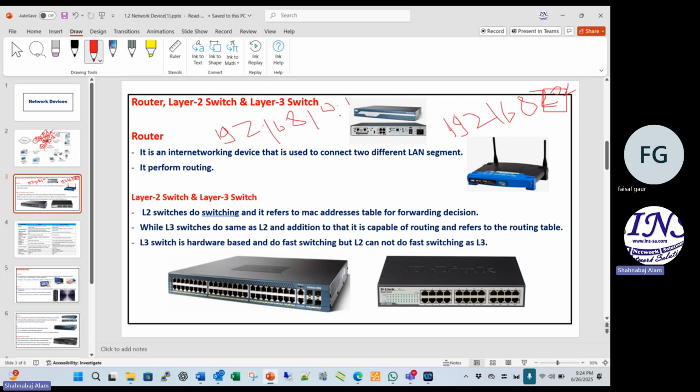If you want to connect, if you want to ping, if you want to share data, this is a different IP, this is a different IP. When will both different IPs communicate? That time we will configure the routing on the router, then we can communicate between both IPs. Otherwise, we cannot ping the IP address.